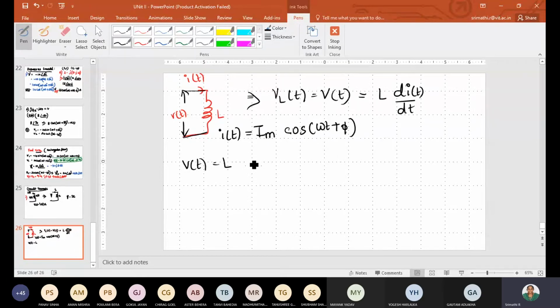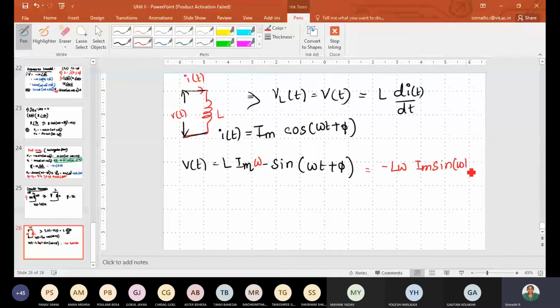L Im, what is the derivative of cos of omega t plus phi? It is minus sin of omega t plus phi, into omega. So this will be equal to minus L omega Im sin of omega t plus phi.